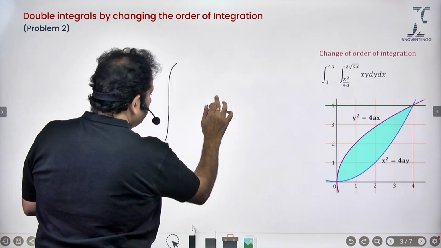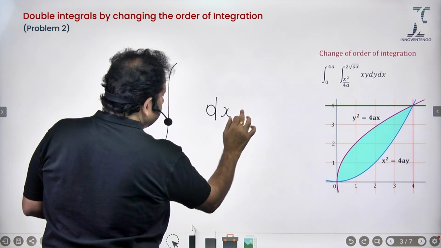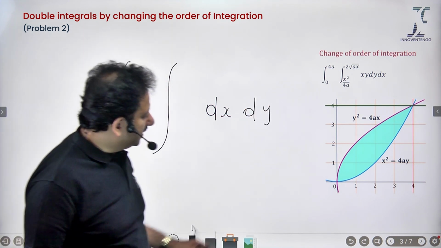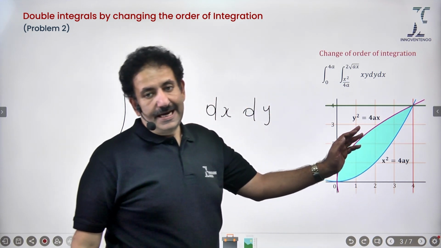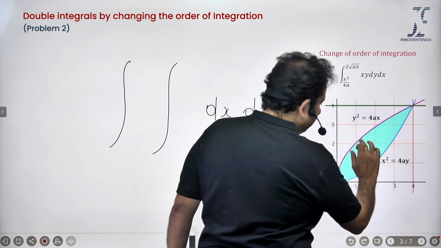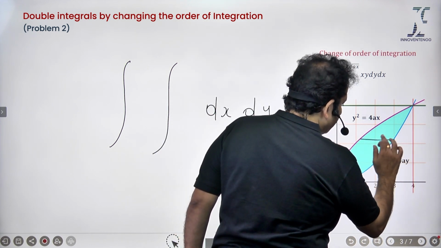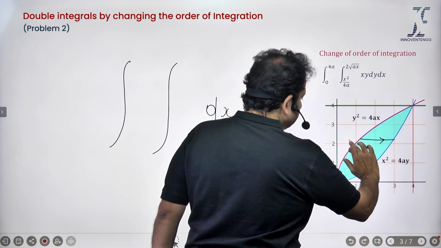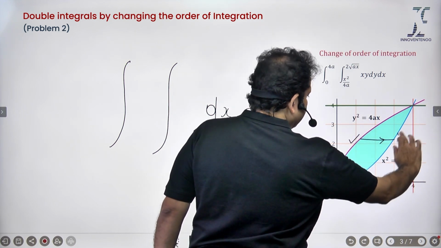So first it's going to be x instead of y, then it's going to be with respect to y. That means I'd be traveling horizontally first, and then I would be traveling vertically. If I travel horizontally, I'll be traveling from this parabola to this parabola. That means my boundary definition would be first this parabola, then this parabola.